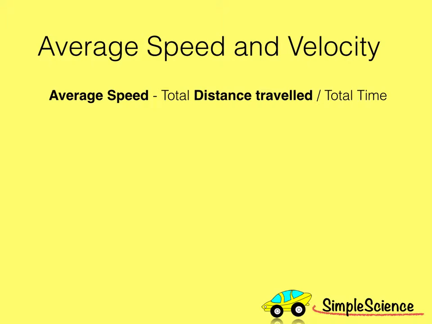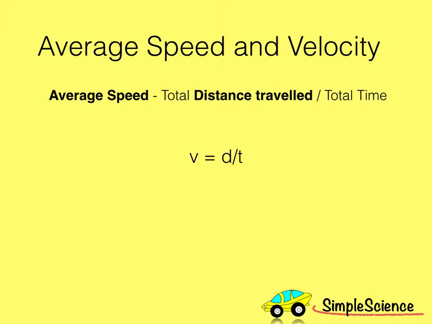This basically encapsulates the entire journey in a way. The average speed is the total distance traveled in that journey divided by the total time. It is given by this formula where v is equal to d over t. d stands for distance and t stands for time.